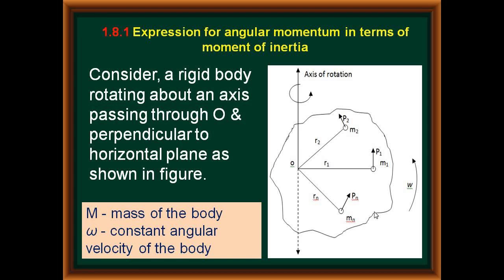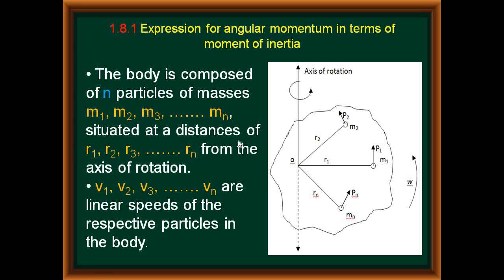This body is composed of very small masses. These are m1, m2, m3, up to mn masses, which are situated in the body. These masses are at distances r1, r2, r3, rn from the axis of rotation, and they are also in a state of motion, rotating about the axis of rotation, and therefore they have a certain linear speed.